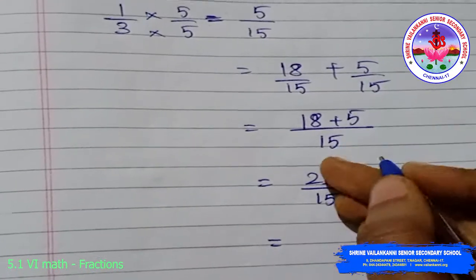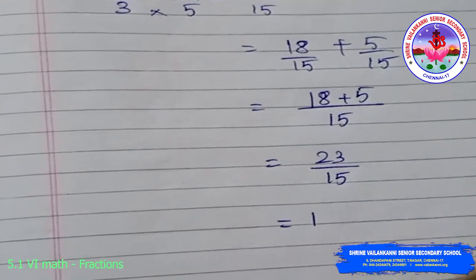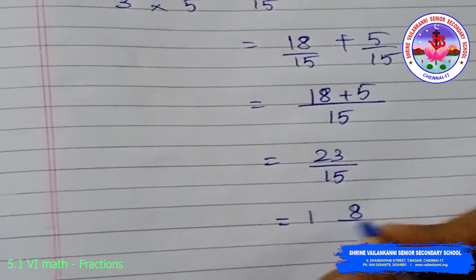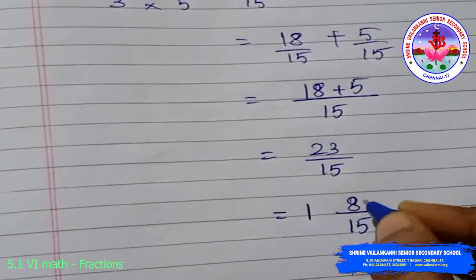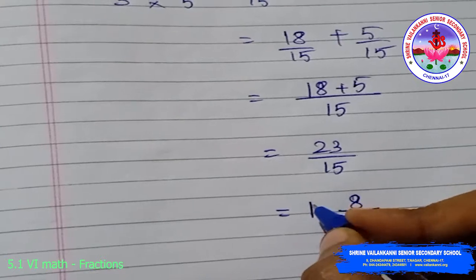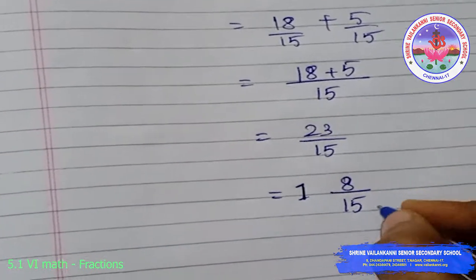That is 23 divided by 15. 1 times 15. Remainder 8 with the same denominator. That is 1 is the whole number, and 8 by 15 is the fraction. So 1 and 8 by 15 is the mixed fraction value.